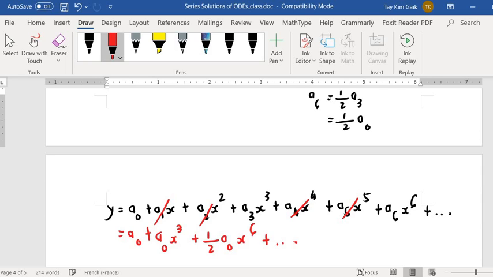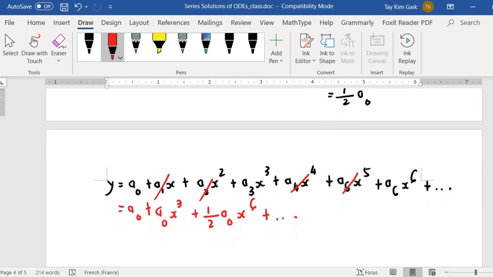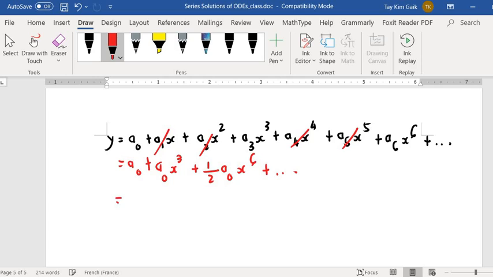So I got the first three terms, and then I factor out my a0. I got 1 plus x cubed plus half x power 6.